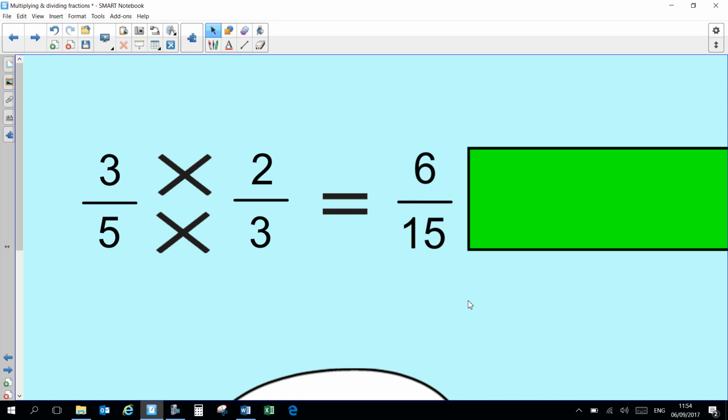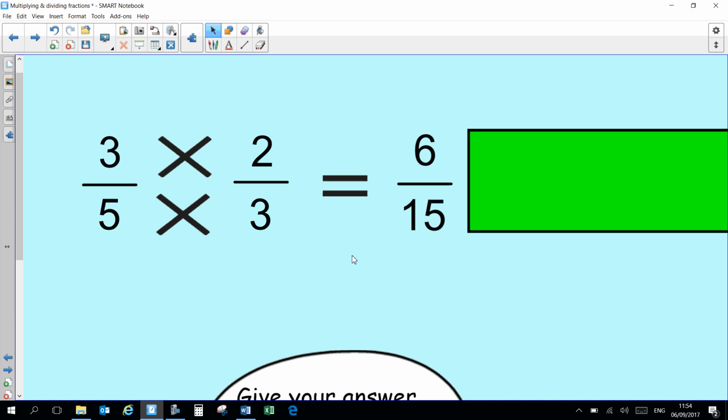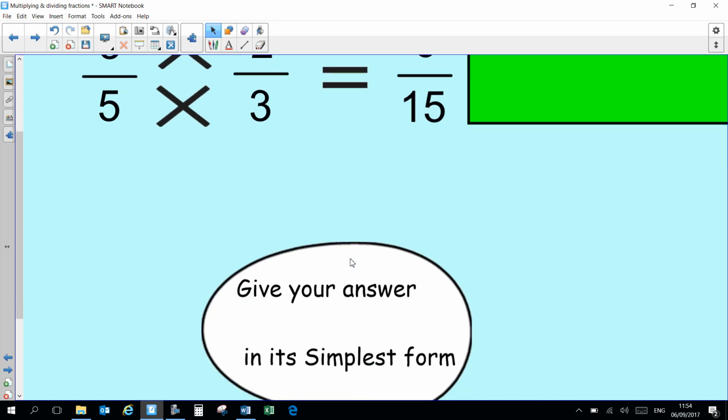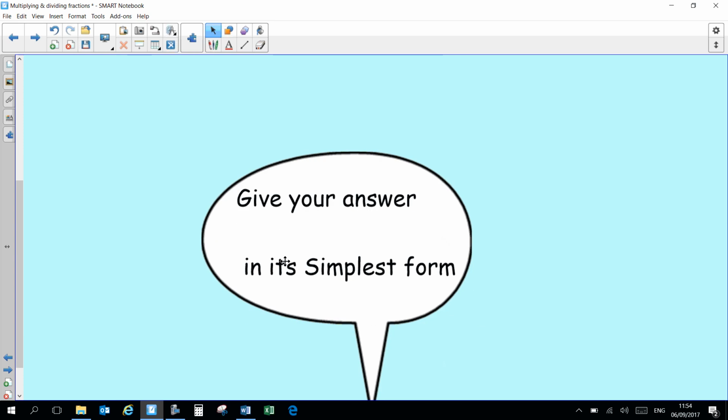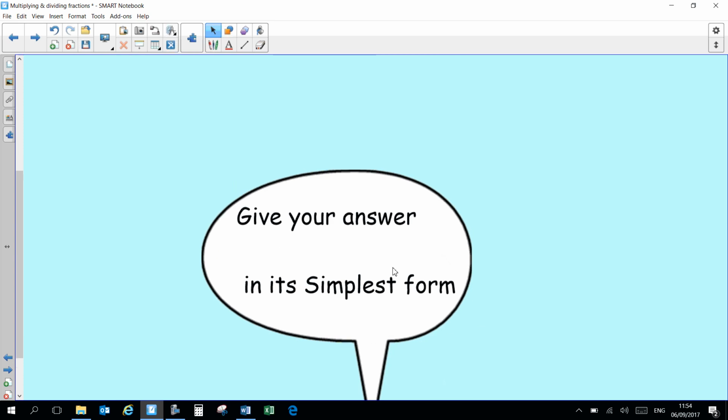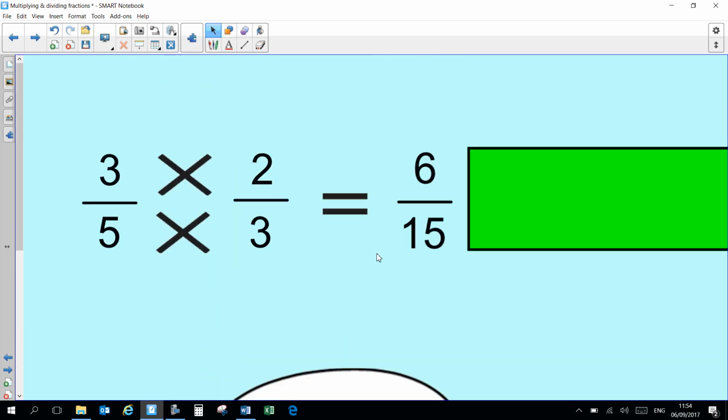Now, there could be a little fly in the ointment. Often in exams you'll be given this part of the question that says, give your answer in its simplest form. So we're going to look at this answer here and say, is there a number that goes into both 6 and 15? A number that goes in exactly would be what we call a factor.